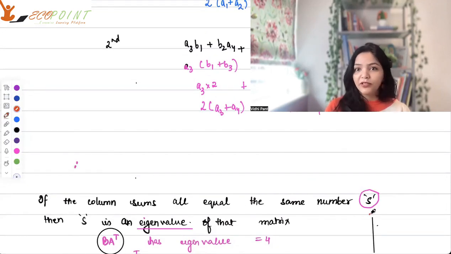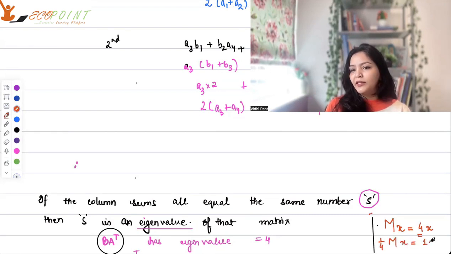अच्छा, अब यहाँ पर एक important चीज सोचो. So in case 4 is an eigenvalue of some matrix, suppose that matrix is M. तो उसका मतलब क्या है? That M multiplied by some vector X would give me 4 times this vector X, right? So in some sense, अगर आप सोचो, 4 is just a number, ना? So what I can say is that 1 by 4 of MX is equal to 1 into X. तो इसका क्या मतलब है?